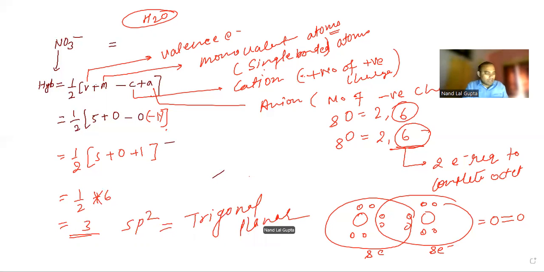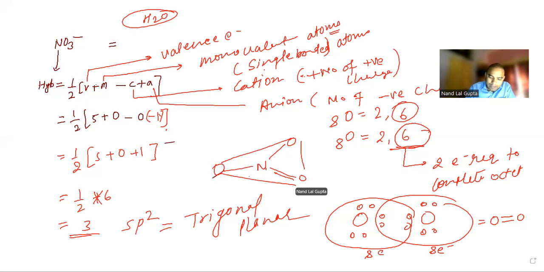Now check here. They are saying trigonal planar means 120 degrees. Here in this trigonal planar structure, one oxygen is here, another oxygen is here, and nitrogen is in the center.